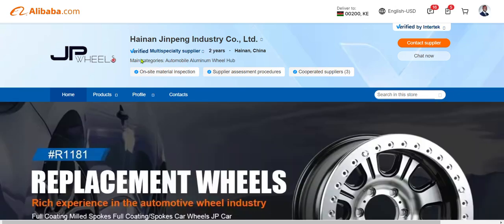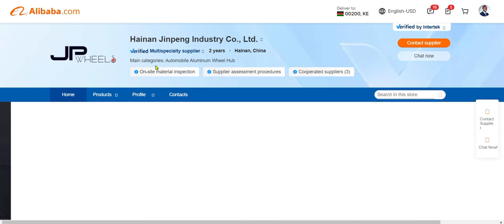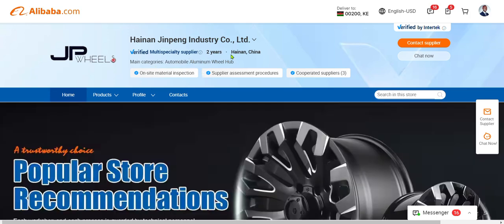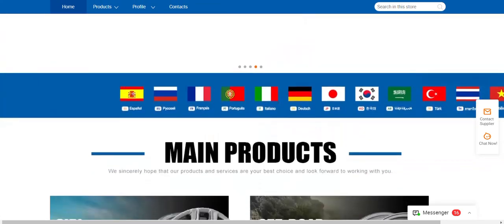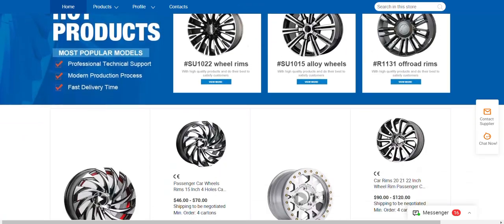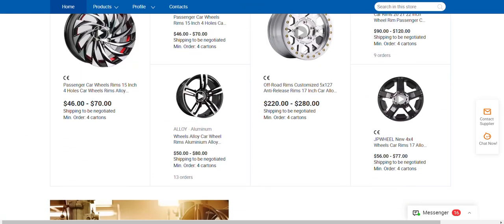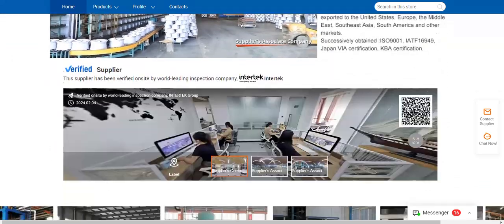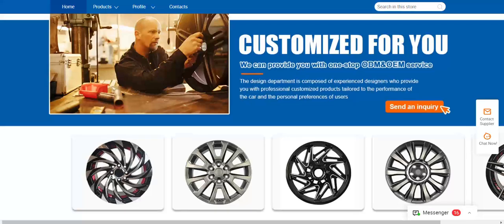We want to see what exactly they work on. Their main product is clearly written: they are focusing on automobile aluminum rims. They make rims for cars, purely rims, nothing else but rims.